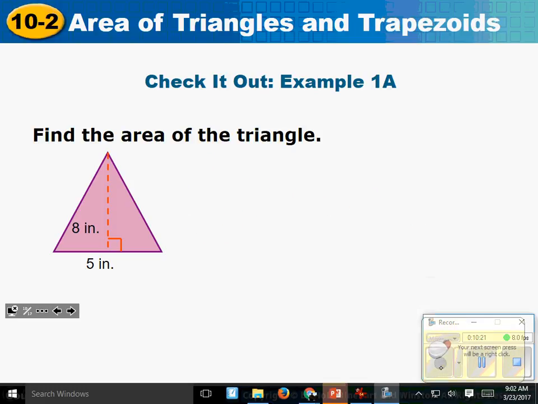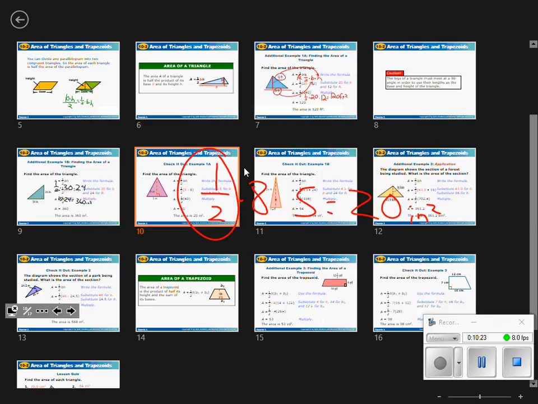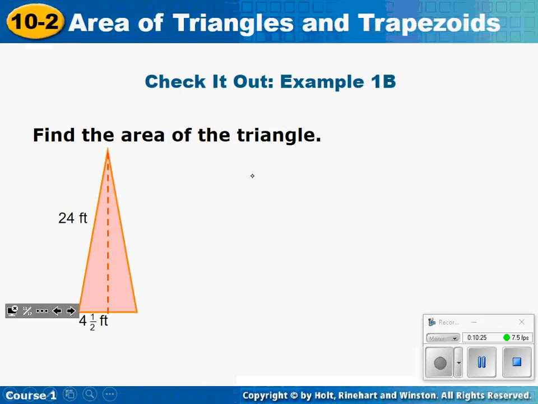Okay, whiteboards. That base is 4.5 feet, and the height is 24 feet.